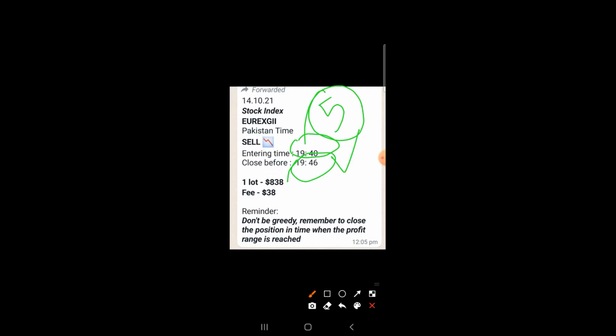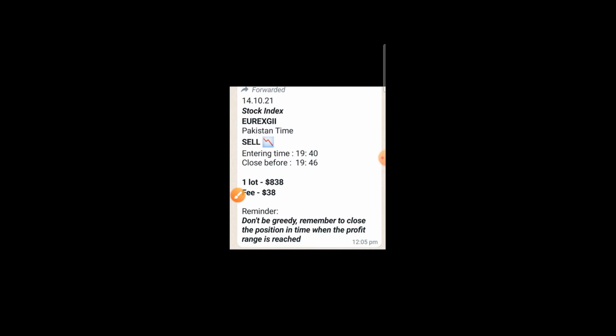If your target or profit range is completed in 1 minute or 2 minutes, you must close your trade as soon as possible. Don't be greedy, be careful. You must follow trades. Check the date, the stock index, the currency pair, the time according to your country, and whether it is a buy signal or sell signal. In this way, the calculation is the same.